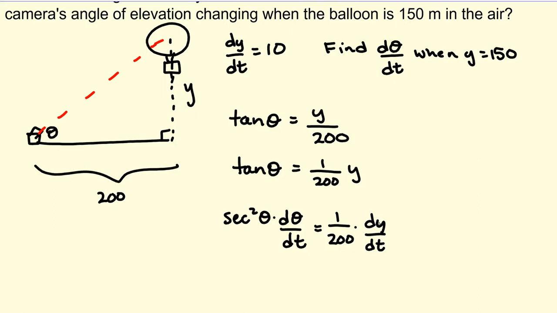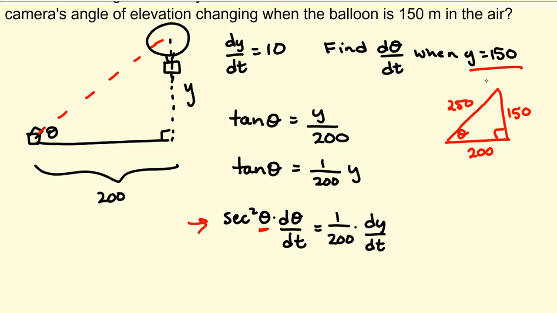And notice that there's no place in this equation that we have to substitute y equals 150. However, we do need to know theta, so knowing y equals 150 is going to help us find theta, because if we had 150 and 200, then we could find the length of the hypotenuse. In fact, here we have a 3, 4, 5 right triangle.